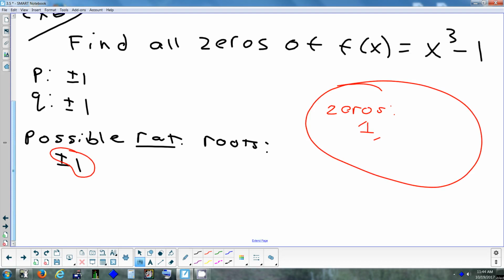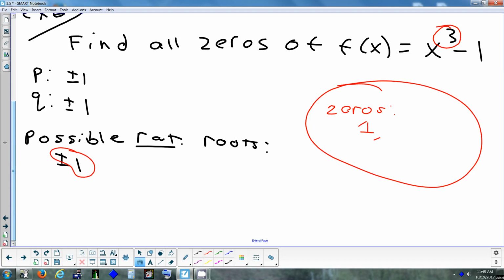Now, when you saw the graph, how many times did it cross the x-axis? Just once. So what does that mean about the other 2 roots? They're imaginary. In order to get the other 2 roots, you have to turn that cubic into a quadratic. What did we do yesterday?